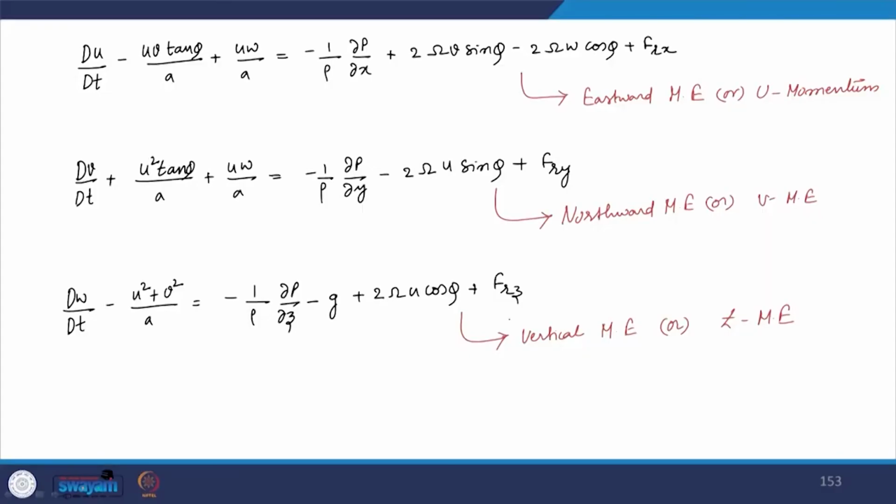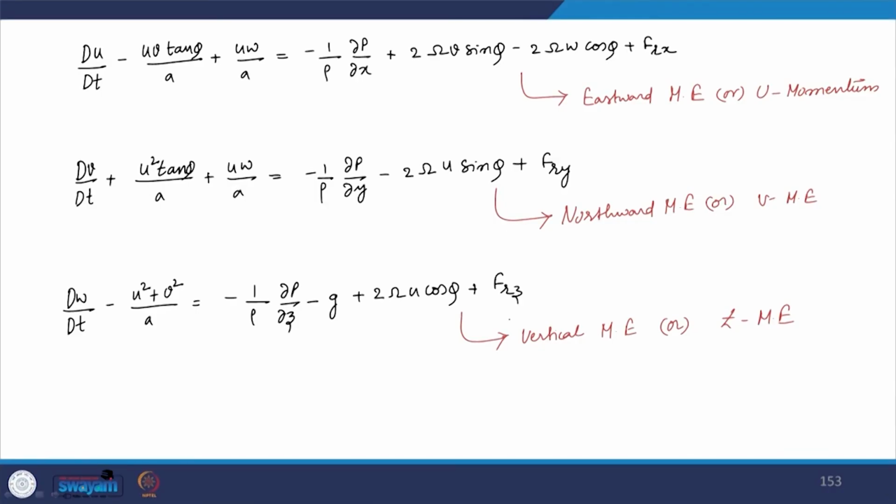That means these equations cannot be solved independently, they have to be solved simultaneously. So, you have to seek solutions u, v, w which are valid for all the three equations, right. It is not possible that first you obtain u, then you go ahead and find v, then w. It is not like that. These three equations are called the component equations in x, y and z directions, right.